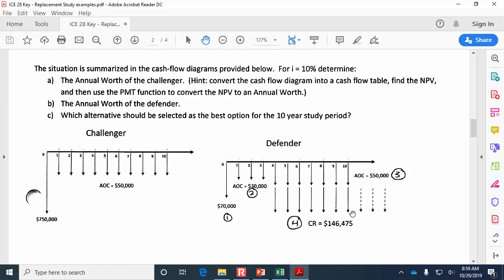Both 3 and 4 can be combined together, but they're going to either have to be taken to the future and then spread out over the annual series amount, or taken to year 3, then from 3 to 0, and then from 0 spread out over 10. So there's a couple of different possibilities there, but I think it's really important to clearly demark what the different components are in a complex cash flow diagram.